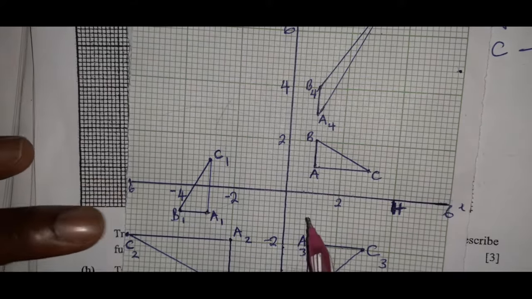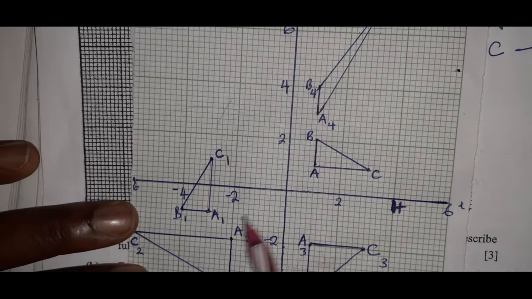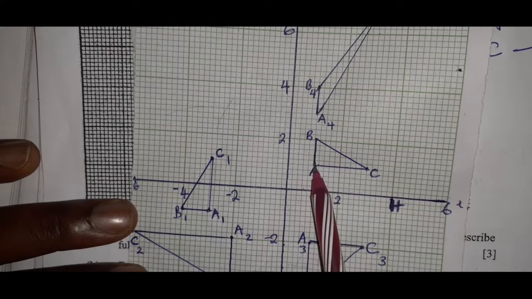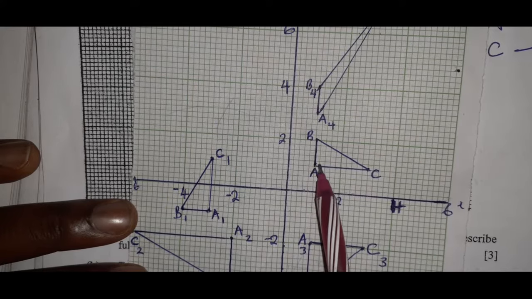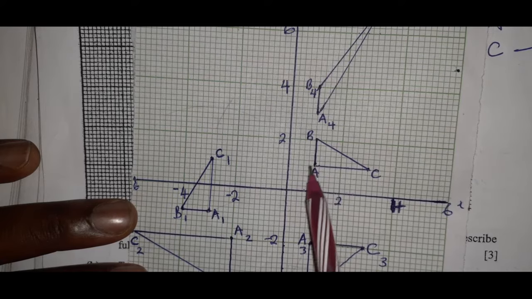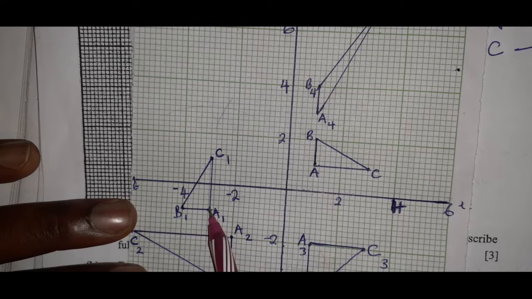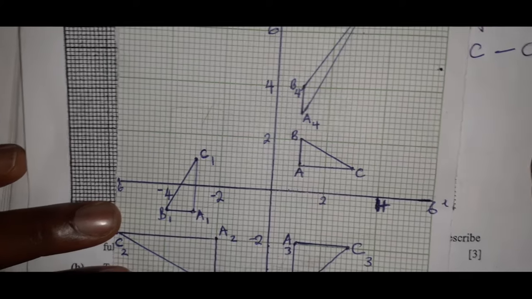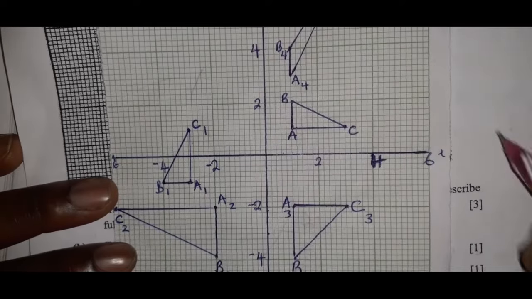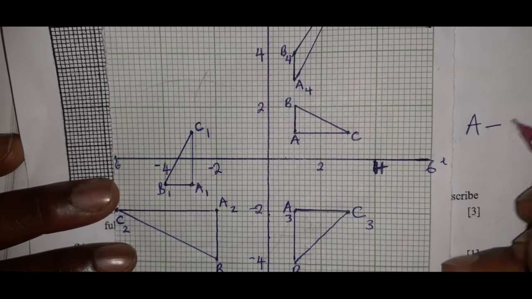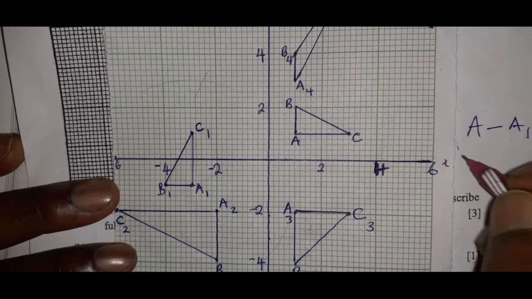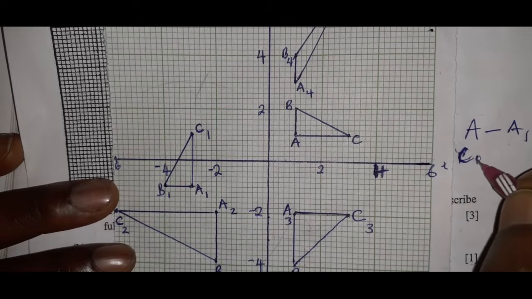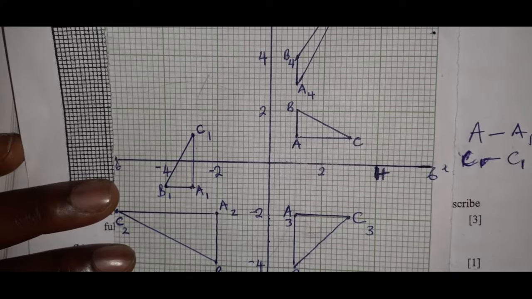So how do we find the center of rotation? We join one point on the object to its corresponding point on the image. For instance, here A is joined to A1, or C is joined to C1.